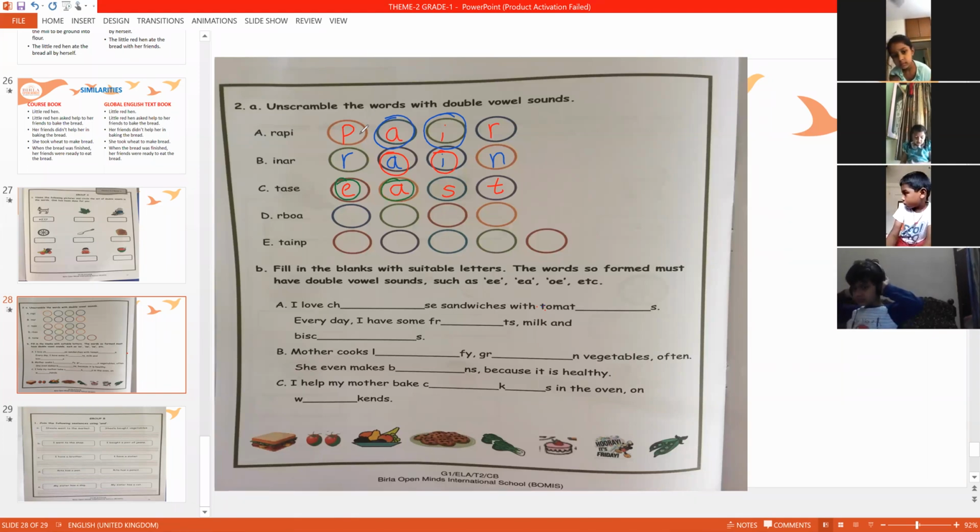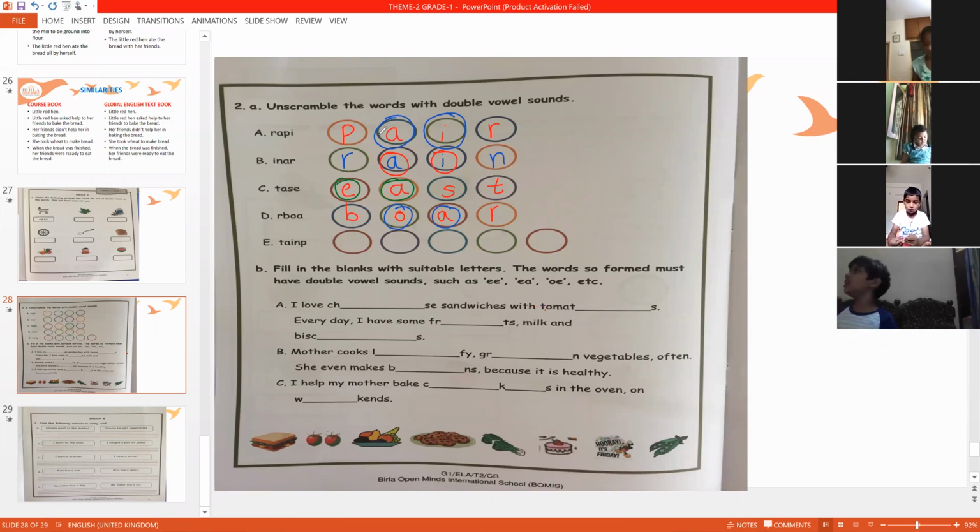Next one, can you tell me? Board. B-O-A-R-D. Very good. Board. Tell me the vowels fast. O-A. Very good. O and A are the vowels.